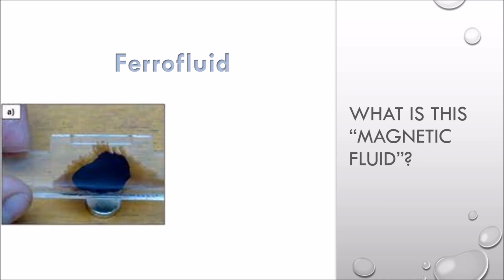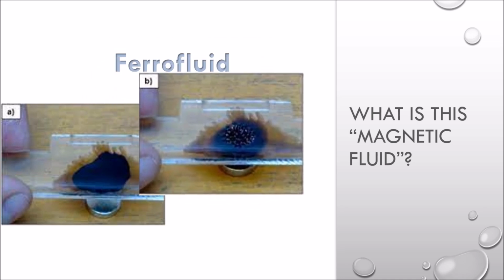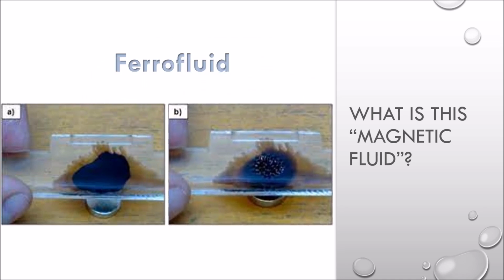As we see here, this is a picture of a ferrofluid. Underneath is a magnet, and as we get closer to the magnet, something interesting happens. We see almost what looks like spikes that are created by the magnetic field.